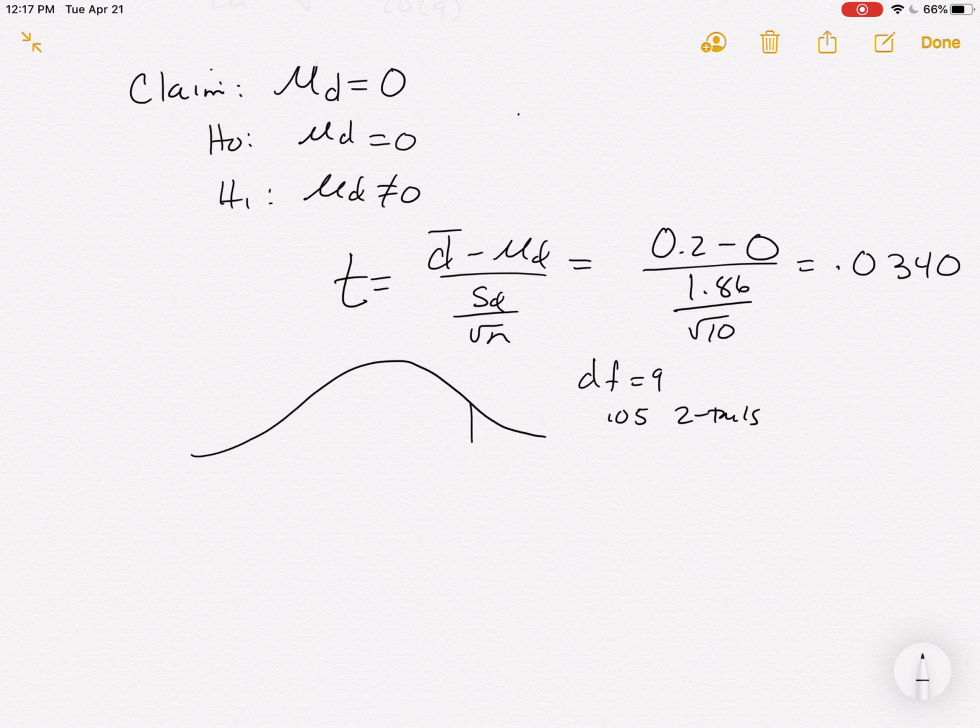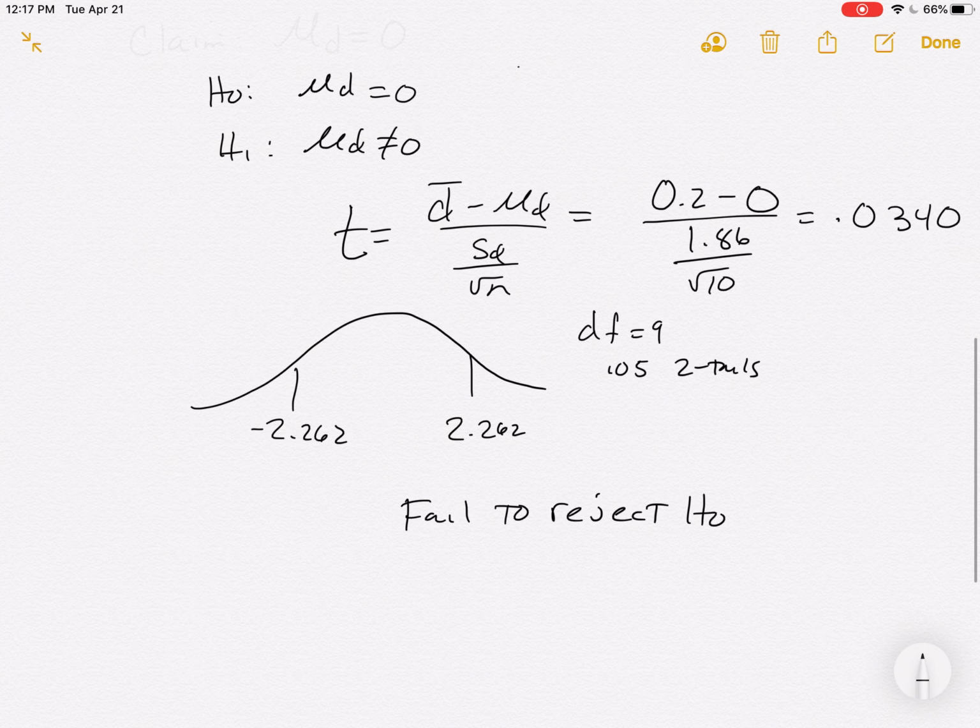That's what's coming out of the table. And negative 2.262. Make sure you show me both the positive and the negative. Well, we're going to fail to reject, just like we knew we were. We are not beyond 2.262 standard deviations away. We're only 0.034 standard deviations.